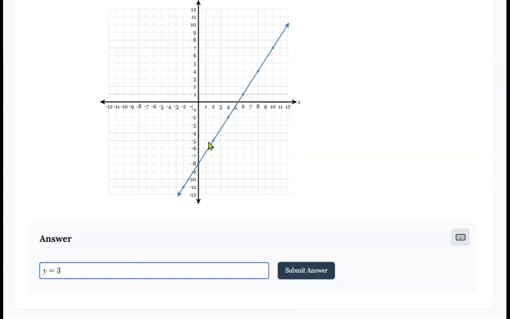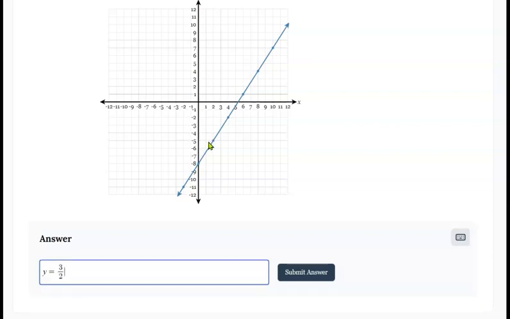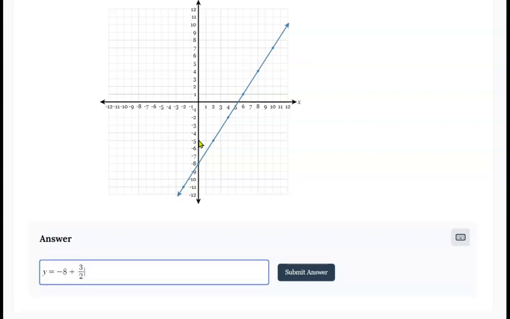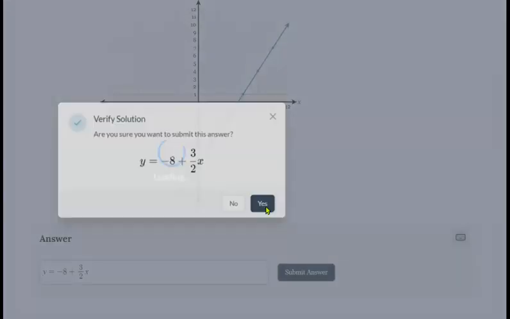So a rise of 3, a run of 2, and then next to that is an x. My y-intercept can go at the end. This is an acceptable answer. Or, if you started by counting from your y-intercept, you can write that first, -8, and then a rise of +3, and a run of +2, and you can put the x term at the end. So both of those answers are acceptable and correct.